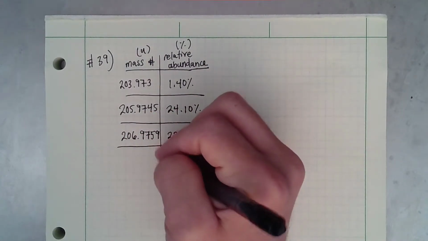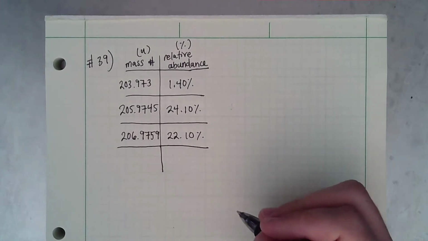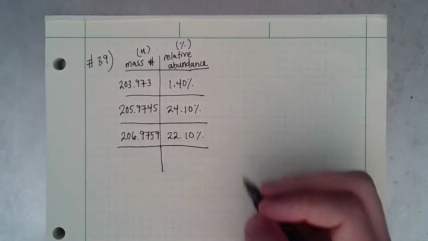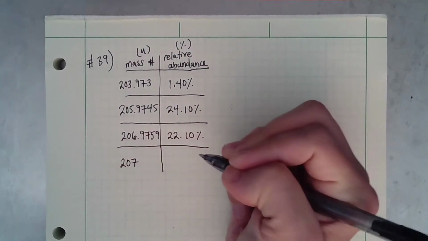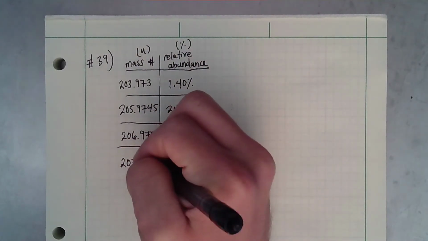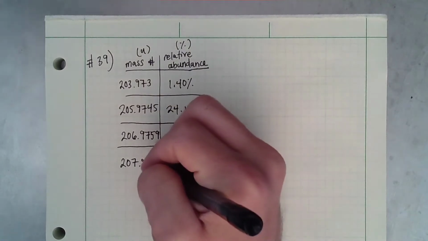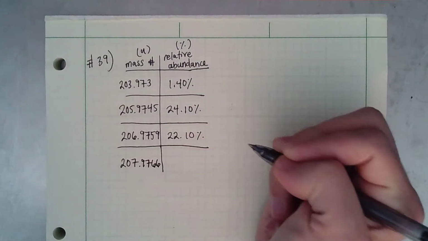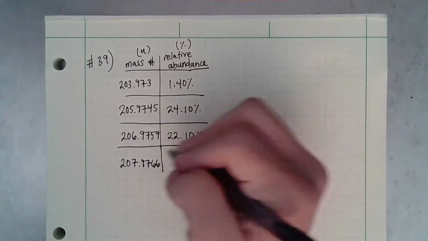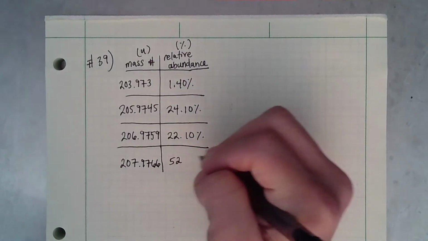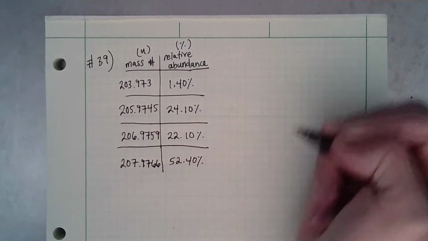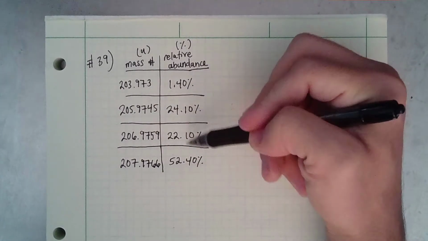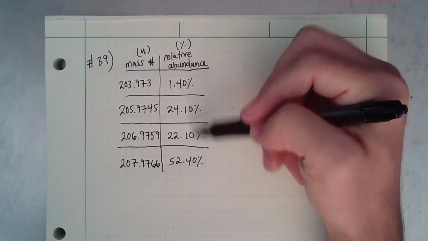And then the fourth and final isotope that was detected had a mass of 207.9766, and that one was the most abundant with a percentage of 52.40%. Okay, it is very important that your relative abundances add up to 100%.